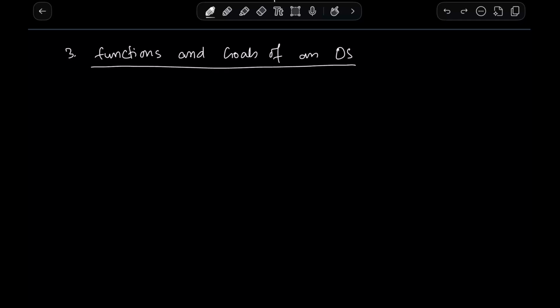The next thing we'll be seeing is functions and goals of an OS. So let's start with functions of OS. On a summary level, we could say that it acts as an interface, it allocates memory, and then security and all.